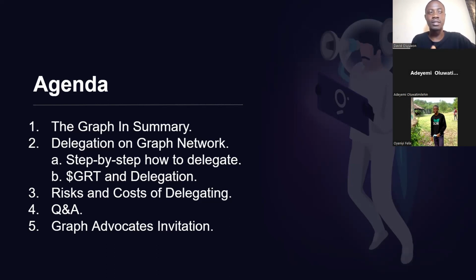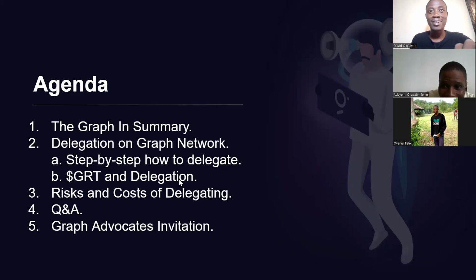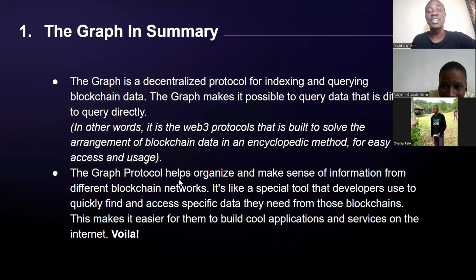And then we address the risk and cost of delegating. The floor will be open for question and answer. It's going to be less than 25 minutes, literally. So I want you to be quite open to questions and open to give your response and your feedback. Yeah, so number one, we're starting with the Graph in summary.